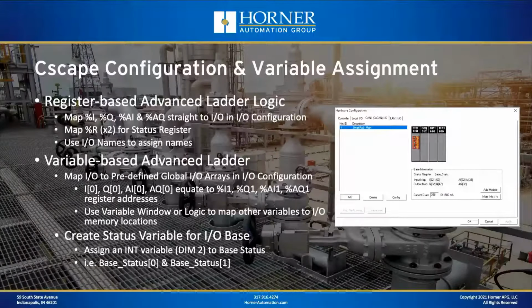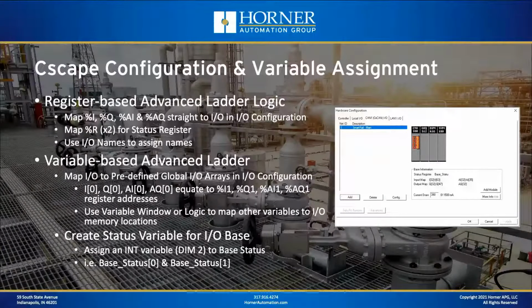In variable-based advanced ladder, instead of referencing those memory locations directly, you have a predefined global I/O array. So for instance, %I 1 through 2048 corresponds to a global I/O array that's named I sub 0 through I sub 2047.